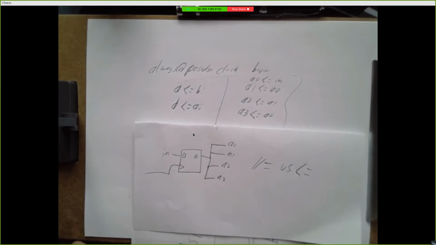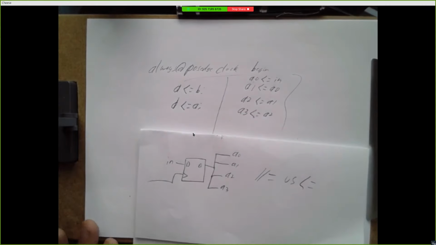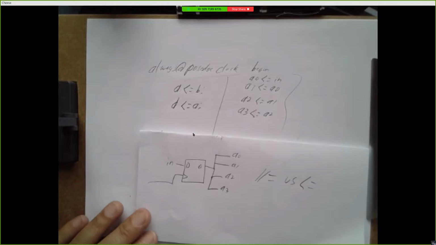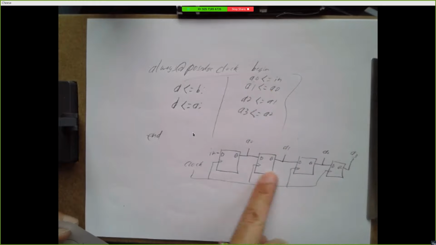Don't worry too much about that. Just stick with these and remember that all of this stuff happens in parallel. Then you don't have to worry about this non-blocking versus blocking business. But this will give you a nice shift register which you can use in your lab. So that'll be helpful.